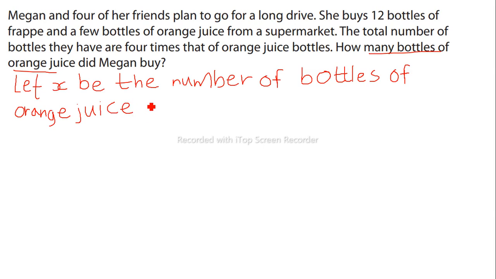And who bought those? Megan and her four friends? No, who bought the orange juice? Megan. All five of them want to go for the long drive, but who's taking all the bill?